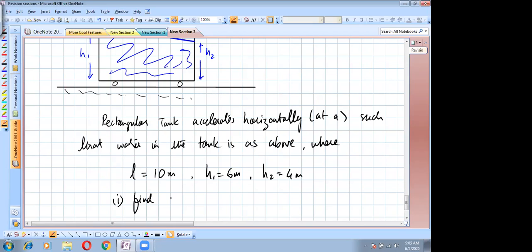So find the horizontal acceleration a, given g is 10 meters per second square.